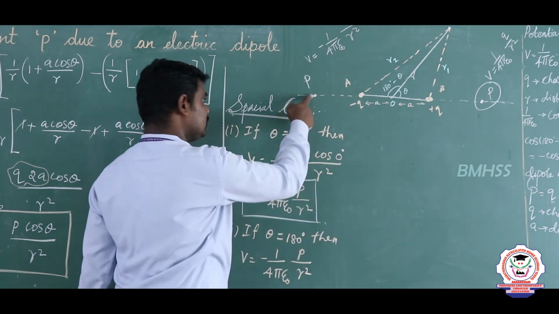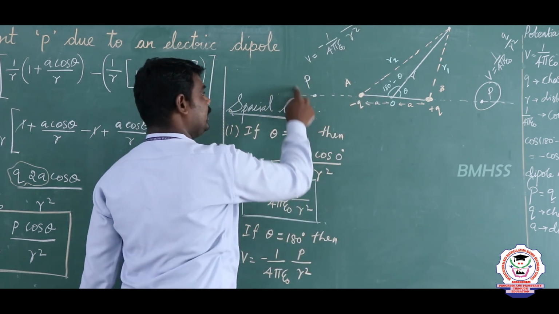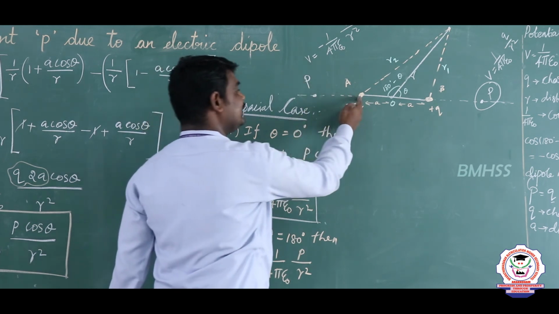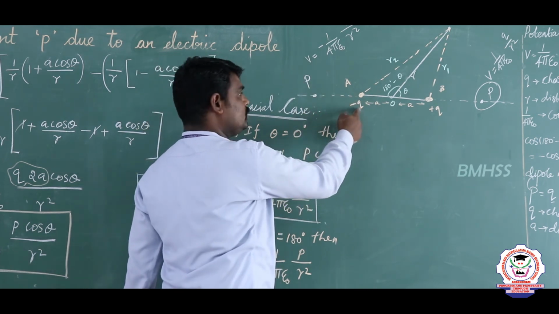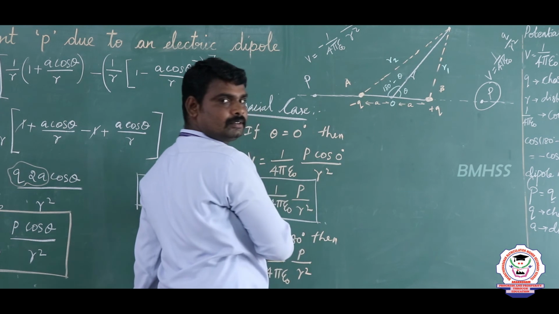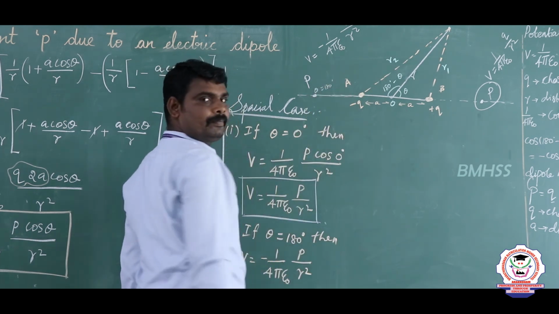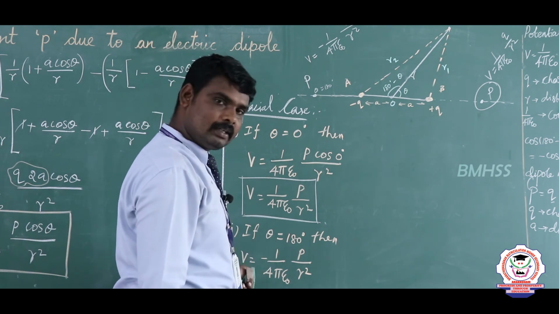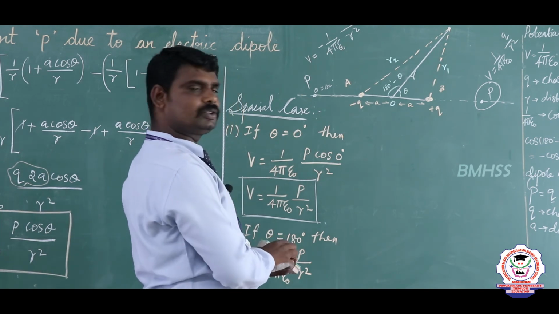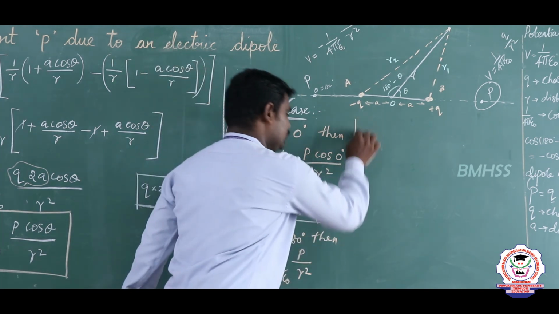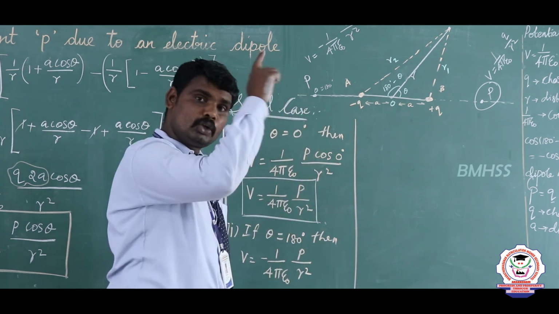This is the case if this point P lies near the minus Q charge, which means theta is equal to 180 degree. That time V is a negative value.